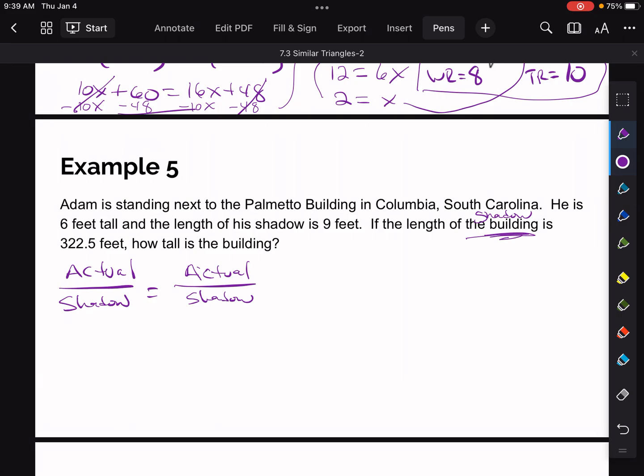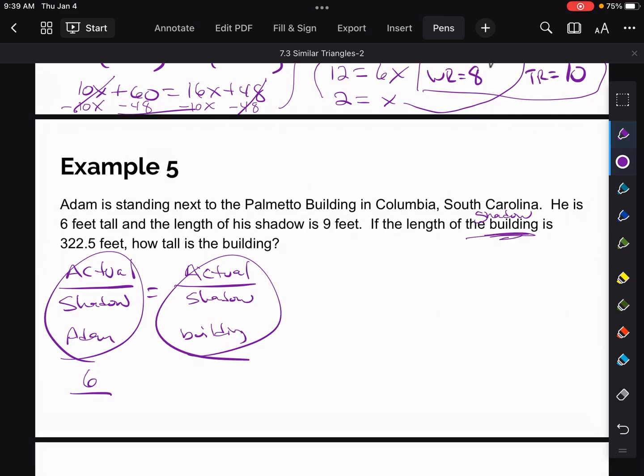So if we do this, one would be for Adam and the building would be on the other. So we'll set it up that way. For Adam, his actual height is 6 feet and his shadow distance is 9. So it would be 6 over 9.